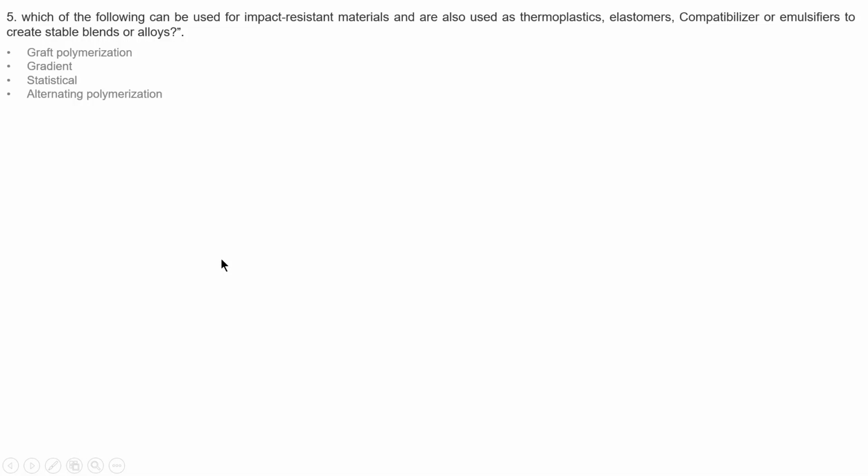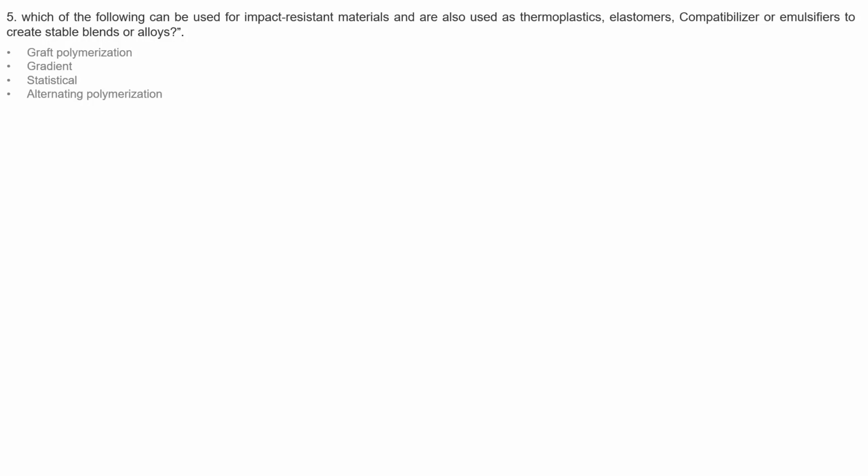In graft polymerization, you will have a long chain, and you're grafting some other molecule on top of it. Because of this grafting, it will provide additional properties to the main linear chain. If there are a series of chains and you're grafting different molecules at different positions, they can create hydrogen bonding or some kind of interaction between these chains to provide some sort of rigidity which will make the material impact resistant.